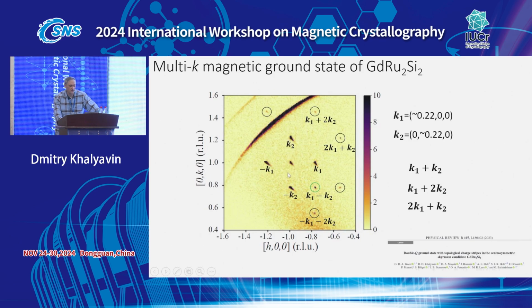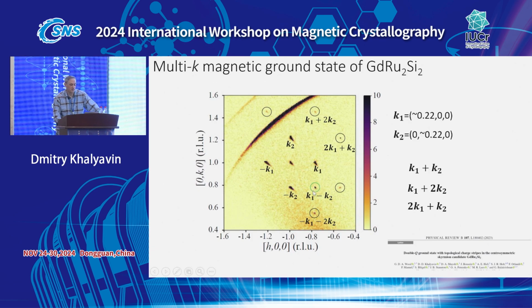And we see 4 satellites: K1, minus K1, K2, plus K2, minus K2. So the question is, again, is it a multi-K or 1K structure? On top of that, if you optimize your geometry and your scattering condition, for that we did it for the superposition of K1 and K2, we found this peak is here.